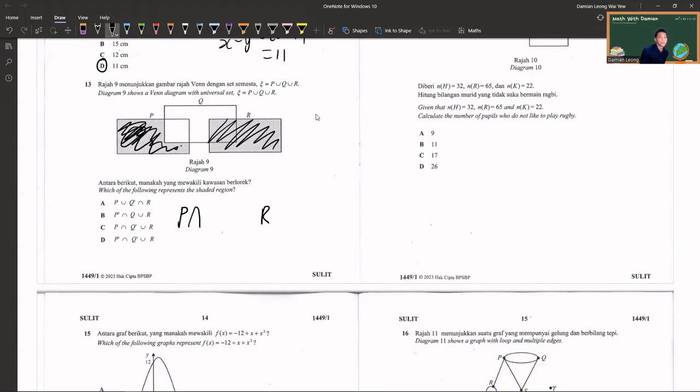So intersect outside means Q prime. So P intersect Q prime. Then when I want to combine these two, add them together, we use union. So P intersect Q prime, union R, answer C.